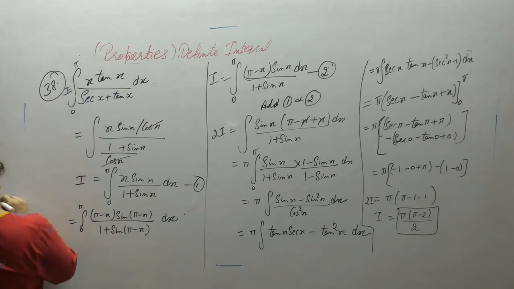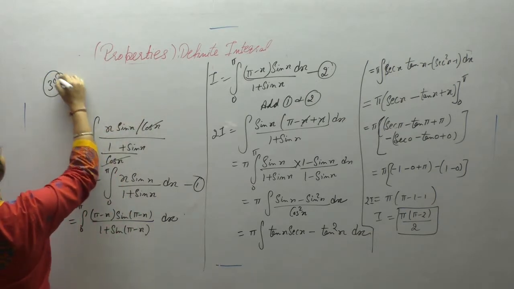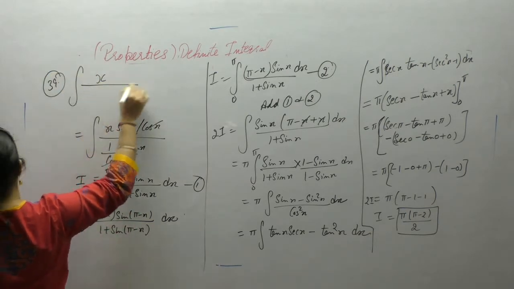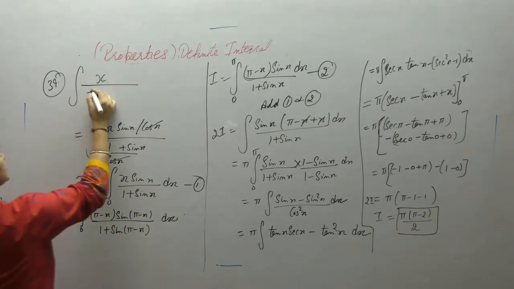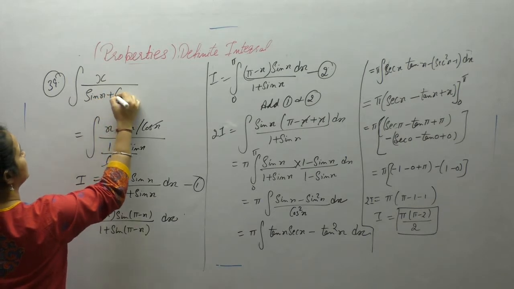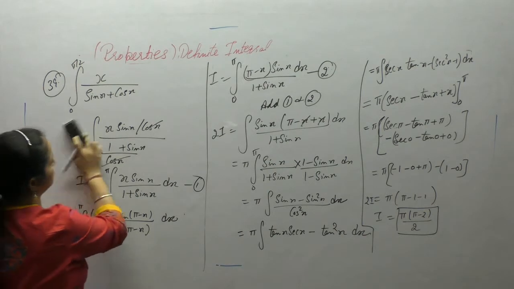Next is integral of x upon sin x plus cos x, and the limit goes from 0 to pi by 2.